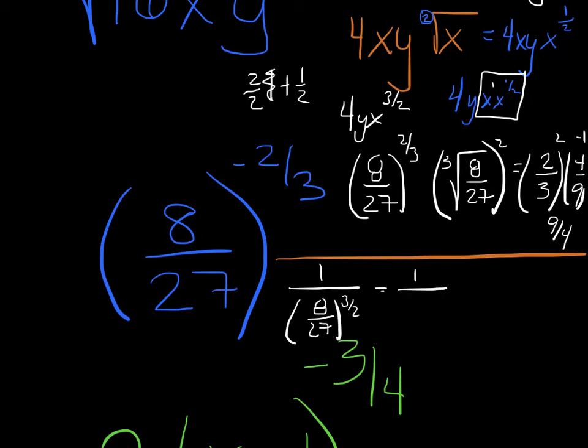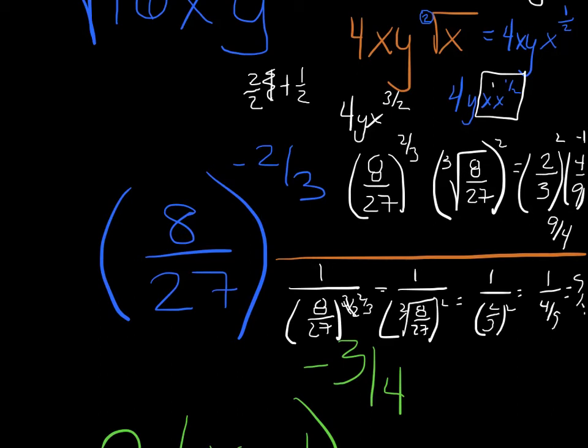So I have 1 over, oops, I should have said 2/3. 1 over the cubed root of 8 over 27 squared, which again is 1 over 2/3 squared, which is 1 over 4/9, and if I clean that up, I get my 9/4. So either way, we should get the same thing.